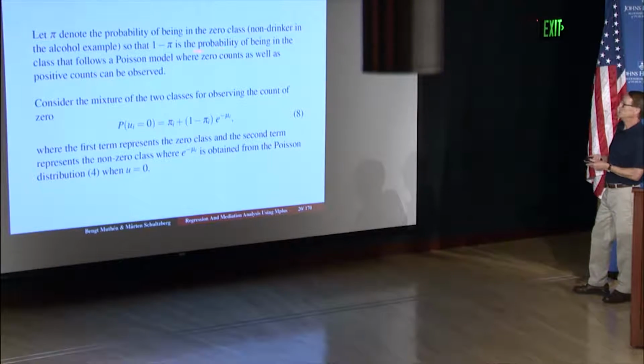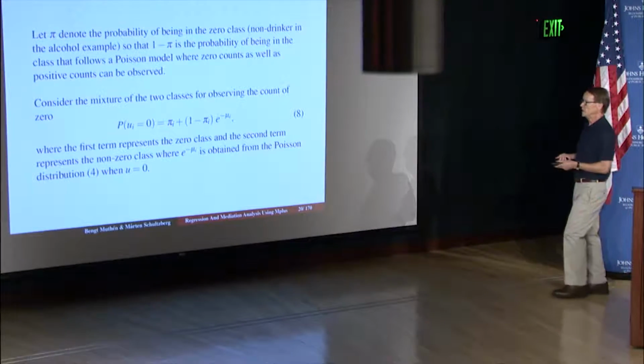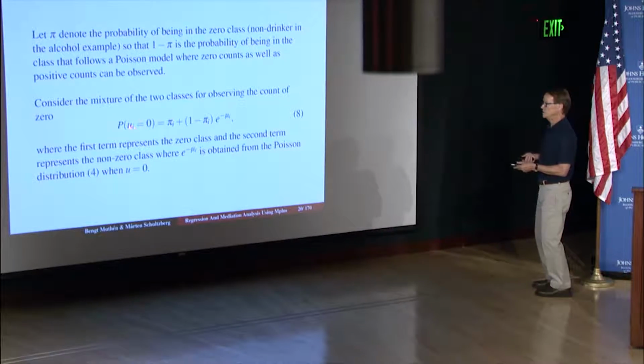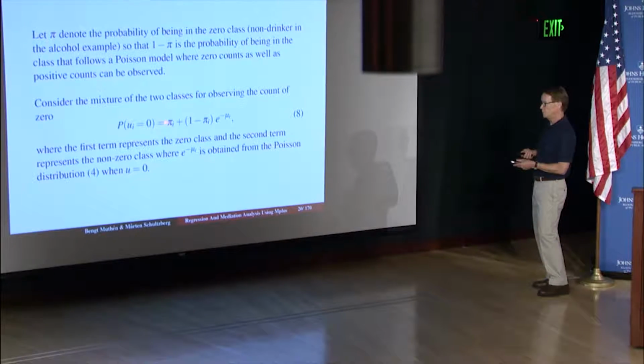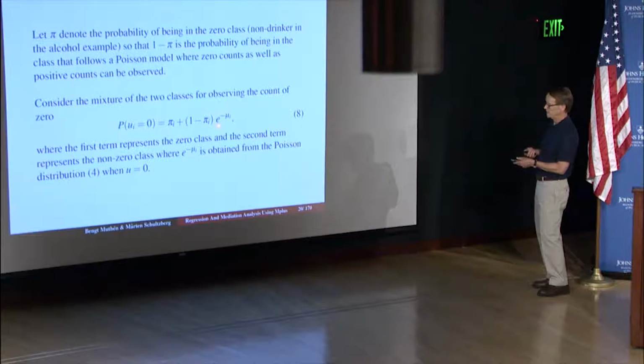So these are the drinkers, but they can have zero binge drinking in the last 30 days. And then you write the probability as a mixture, a sum of two parts: the probability of being a non-drinker plus the probability of being a drinker but doing zero binge drinking in the last 30 days.